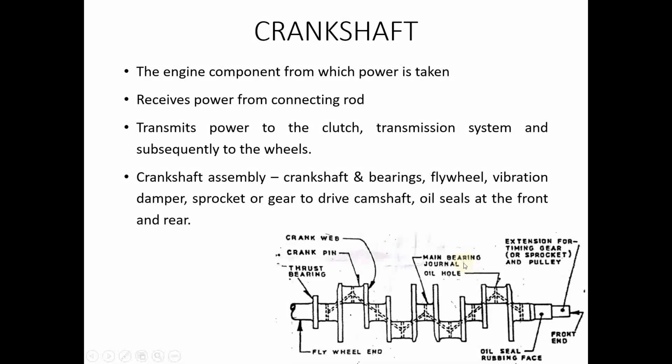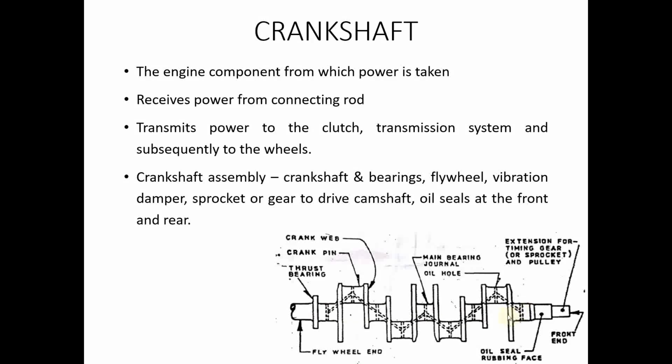The first function of main journal bearings is to circulate oil to the crank pins that are located at the ends of this main journal, and the other main function is to support or give stability to the crankshaft, because most of the weight is supported by the main journals.